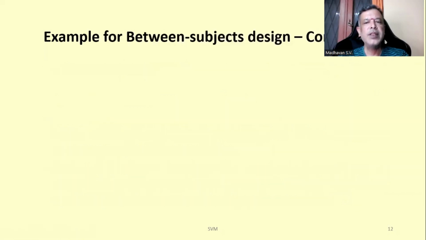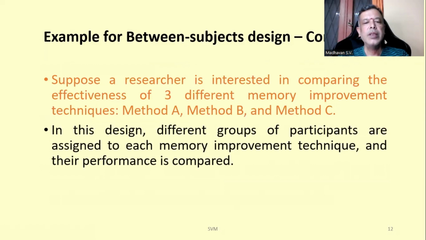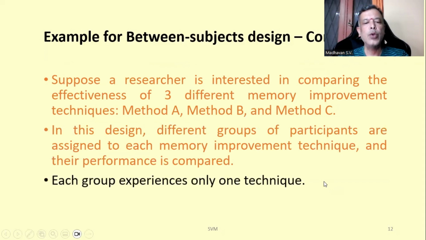First, between subjects design. Suppose a researcher is interested in comparing the effectiveness of three different memory improvement techniques. So they have three methods, method A, B, and C. In this design, different groups of participants are assigned to each memory improvement technique, randomly again, and their performance is compared. Each group experiences only one technique.